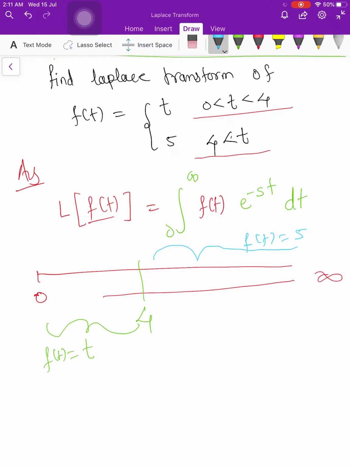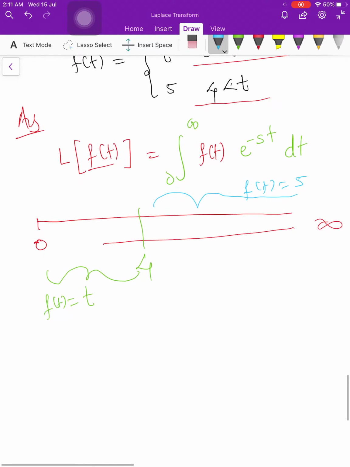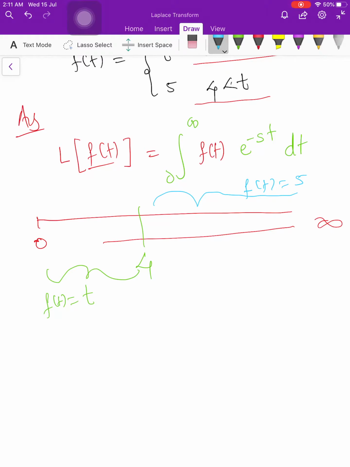So we already have the property of improper integral. What is the property of improper integral?